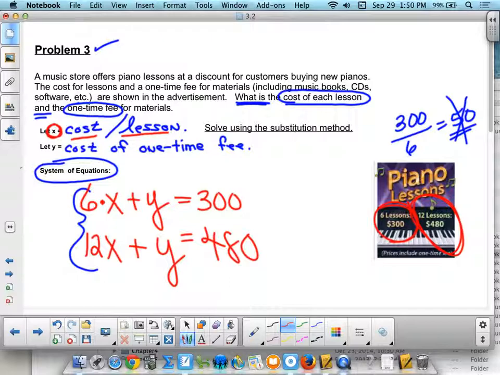Twenty lessons, or did you decide? Oh, right here. This would be negative, this would be positive. Yeah. Once you get that long, you're gonna divide by 6.